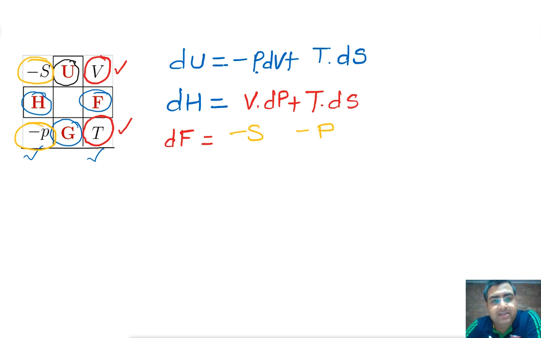Now the opposite element for p is what? It is dv, so it will be dv, and for s it is dt, so it will be d into t. So this is the third Maxwell equation. Okay, now let us move on to the fourth, or I would say the last Maxwell equation.